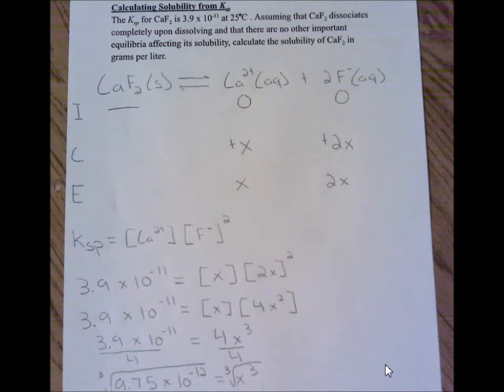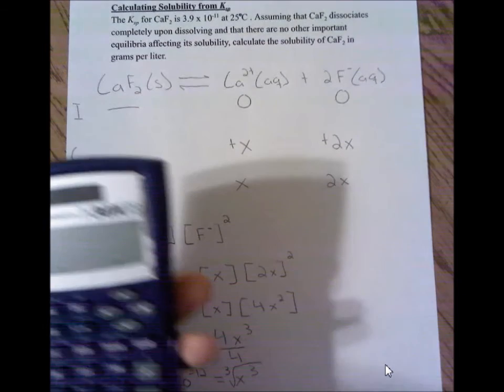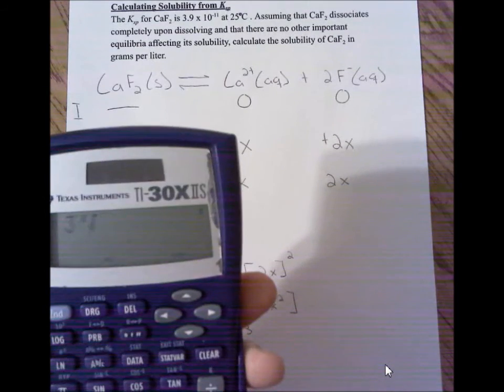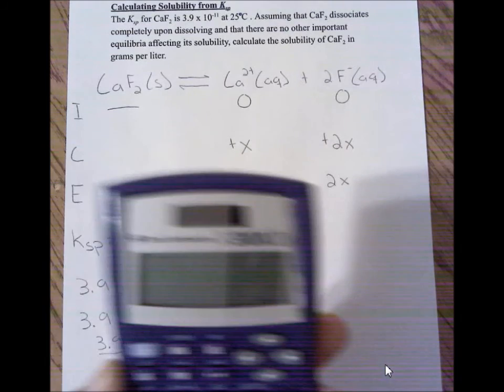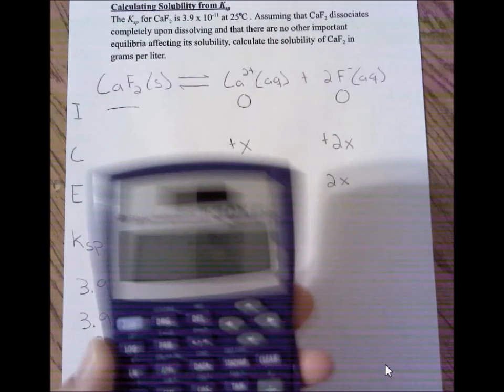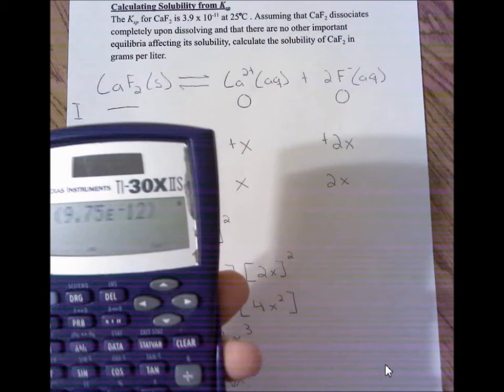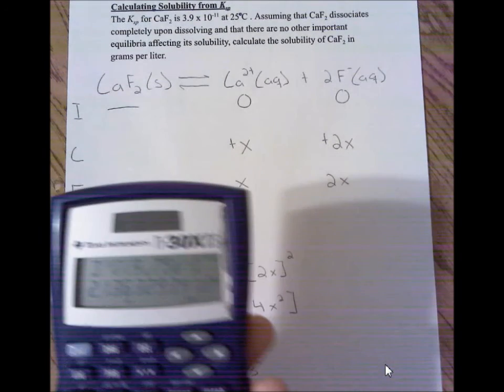So what we are going to do is this. In our calculators, we take 3 and then we punch in the third root of this 9.75 times 10 to the negative 12th. And so what we get is a value, and I'm going to round down to 2.1.